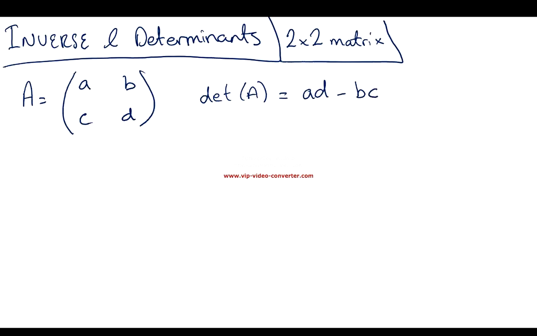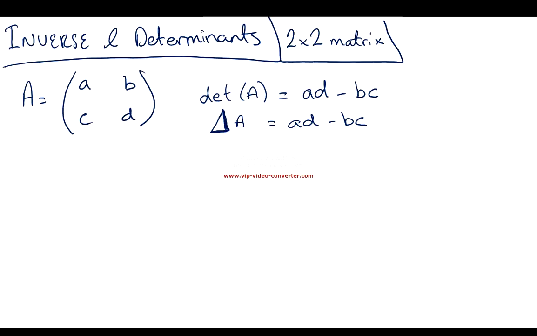What we're doing is multiplying along the main diagonal and subtracting the other diagonal. Another way to write the determinant is to draw it with a triangle, and we get the determinant of A, again AD minus BC. So that's the determinant.